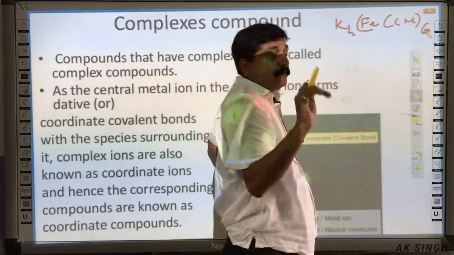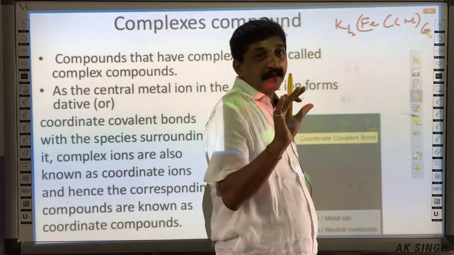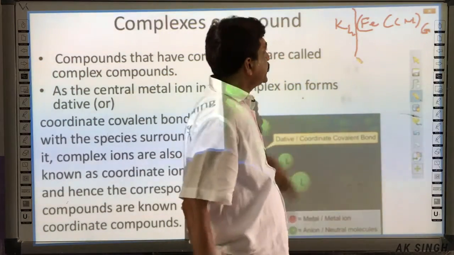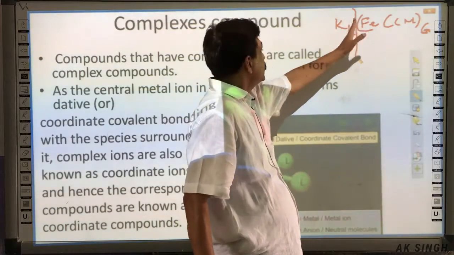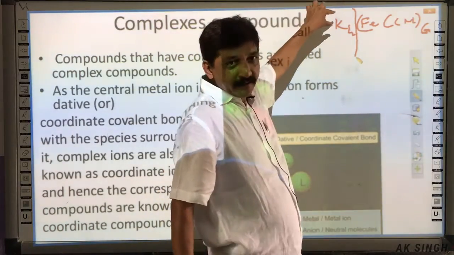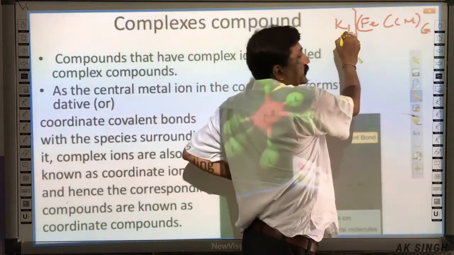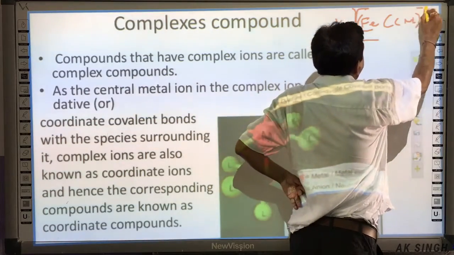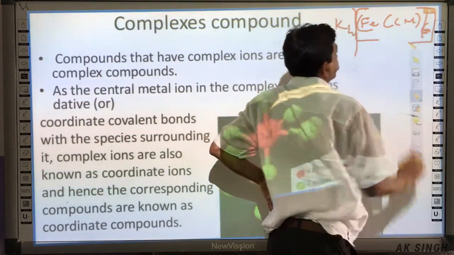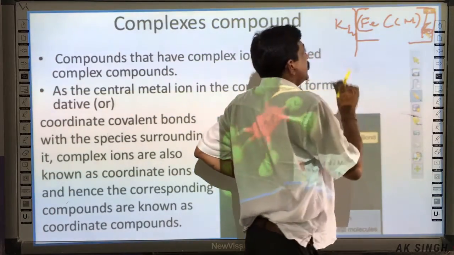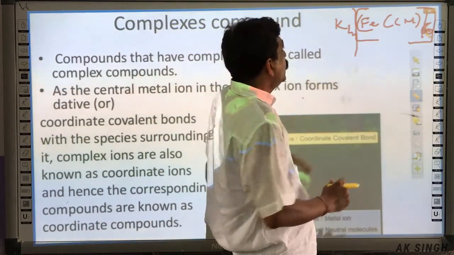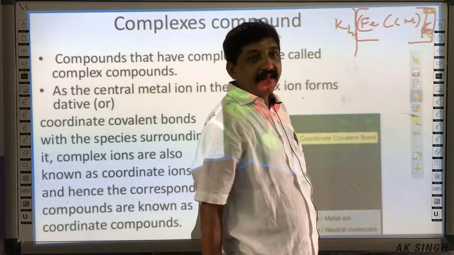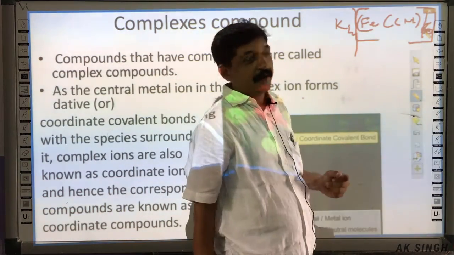Now in a coordinate compound there are various parts. Let us see this part, the starting species of the compound, and this one is a positive species. Here we will put a bigger bracket. Any species which is present inside the bigger bracket comes in the coordination sphere.